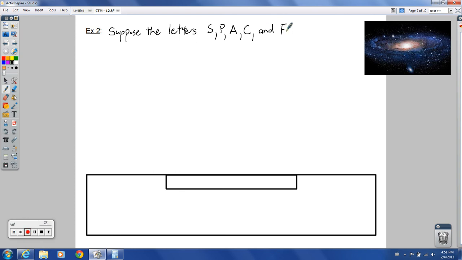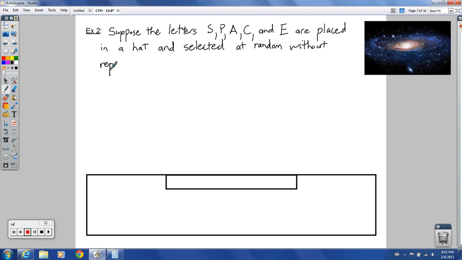are placed in a hat. Oh, I see what you did there, Mr. Wagner. That's clever. That spells space. In a hat and selected at random without replacement. So we are not going to put the letters back.